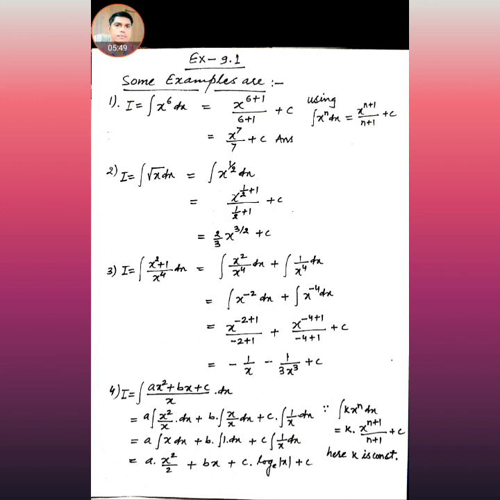Similarly, we can write integration of a into x plus b into 1 plus c into 1 upon x. So integration of x is x square by 2, integration of 1 is x, integration of 1 by x is log e base x. So our final answer is a into x square by 2 plus bx plus c log e base x plus C.